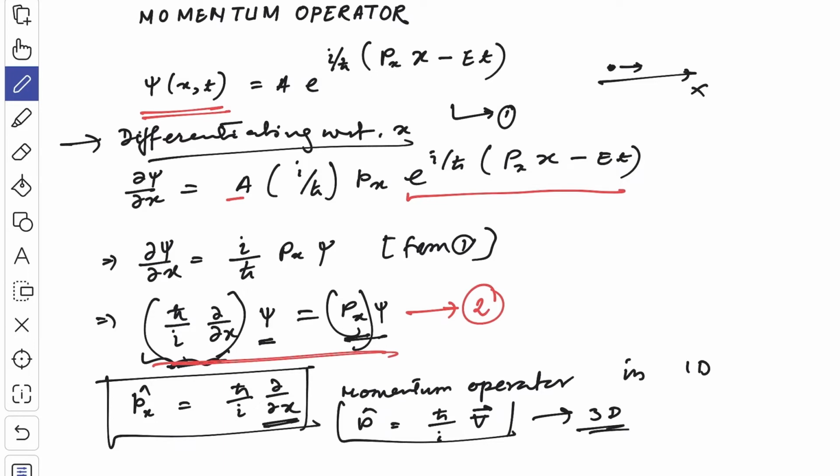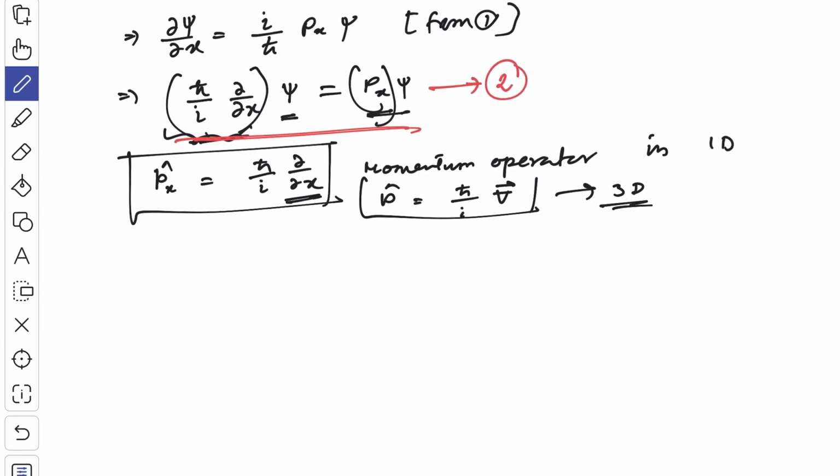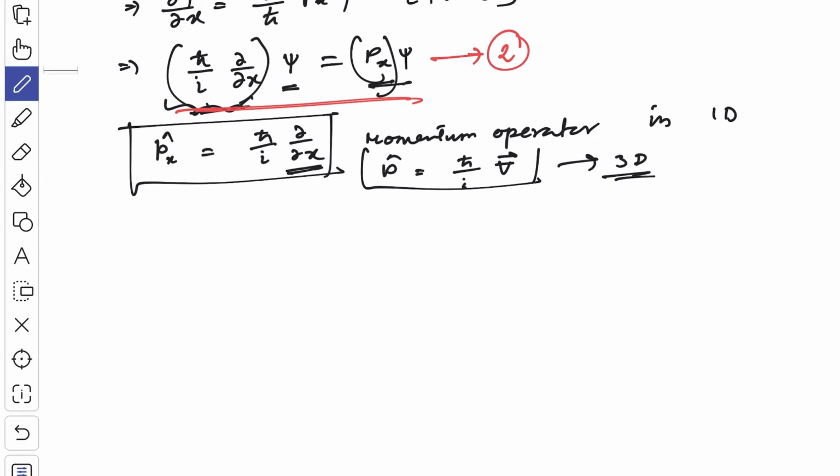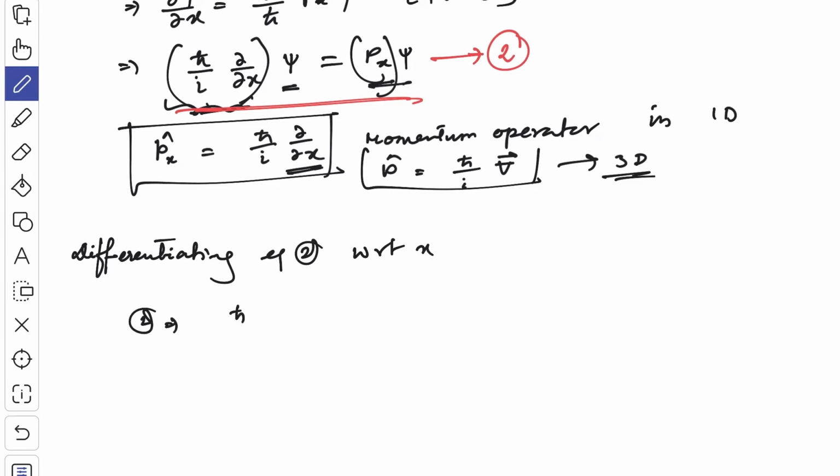If you differentiate this equation again with respect to x, then what you will get, this equation number 2 implies h cut by i, second order derivative with respect to x, operates on psi, then gives px del psi by del x. That's what you will get.